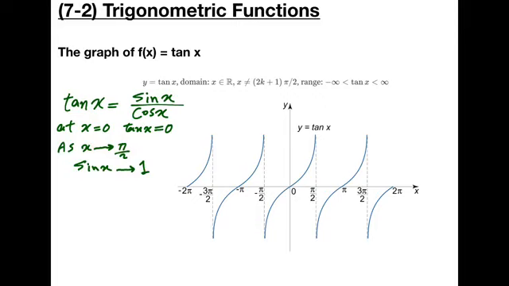On the other hand, cosine of x starts to get closer and closer to 0. So the values of cosine decrease from 1 to 0, right? Because once we were at 0, cosine is 1, but when we approach pi half, cosine gets closer and closer to the number 0. So as you see, the overall fraction starts to become larger and larger and larger.